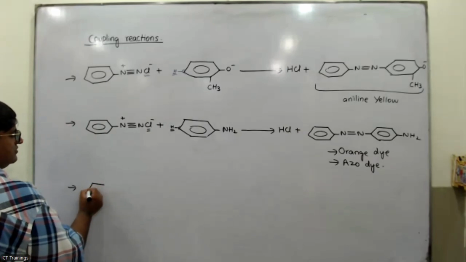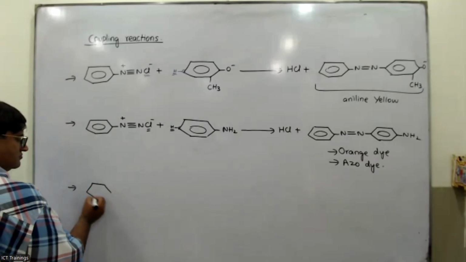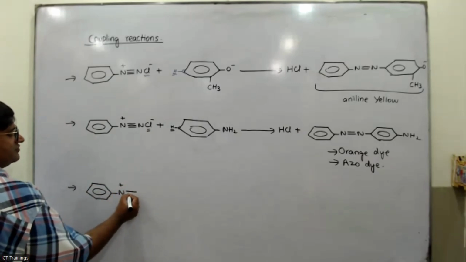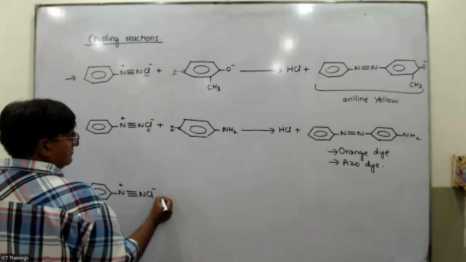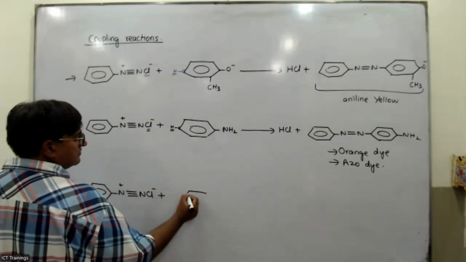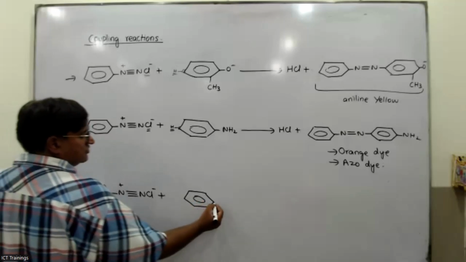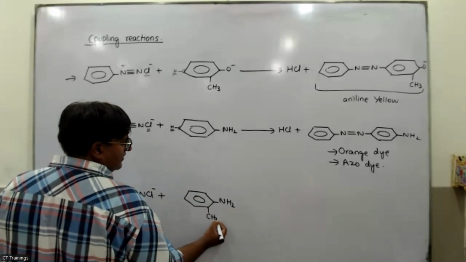The next one. This is benzene, N positive, triple bond N, Cl minus. So this is NH2 and CH3 up here.